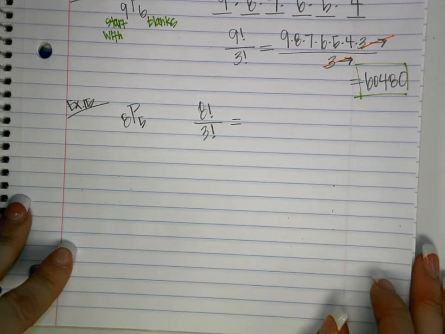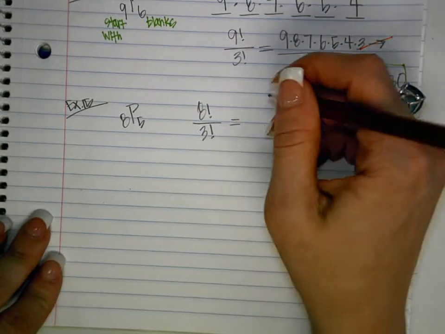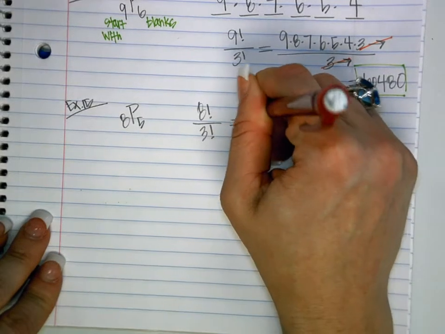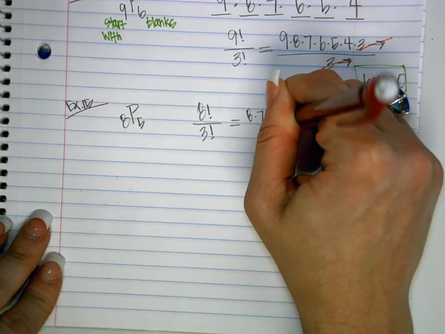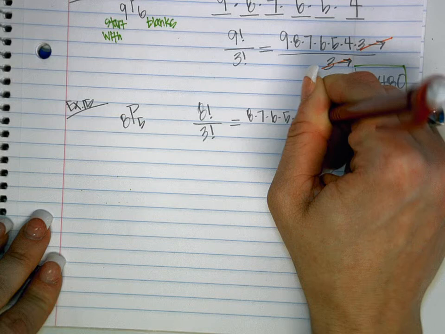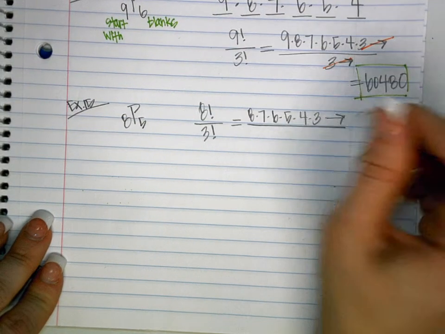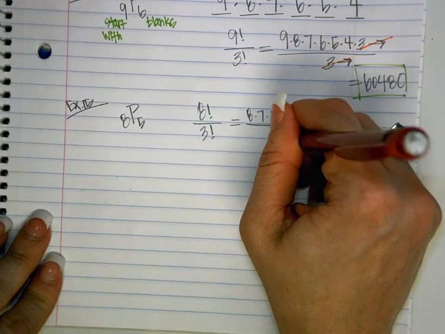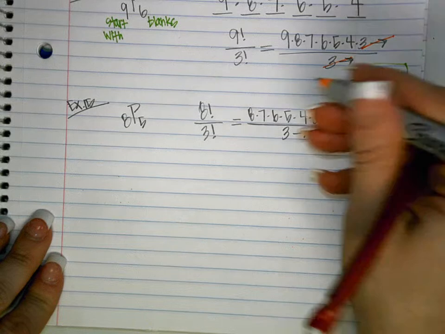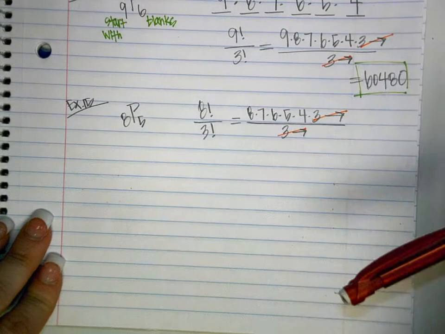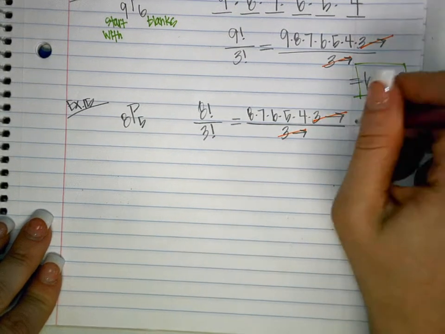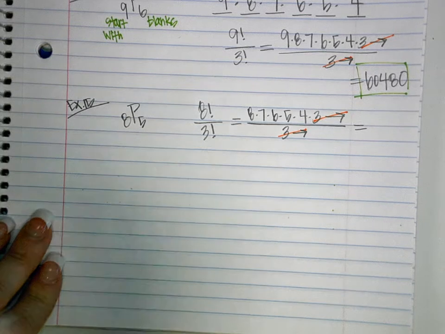So if you write this out, this is 8, 7, 6, 5, 4, 3 and below, divided by 3 and below. The 3 and below cancels out. So wait, the 3 factorial is the difference between the 8 and 5? The denominator is the difference between the two.